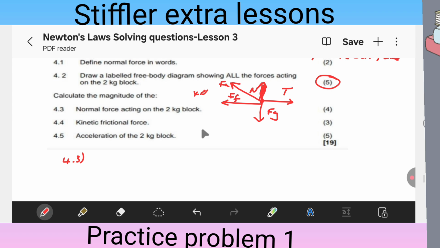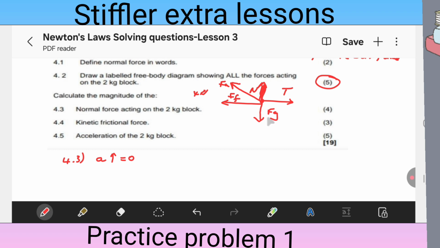First you need to consider the upward motion, because the normal force is going upwards. This object does not have upward motion, which means the acceleration going upwards is equal to 0.